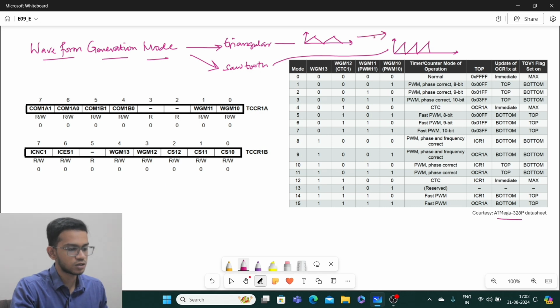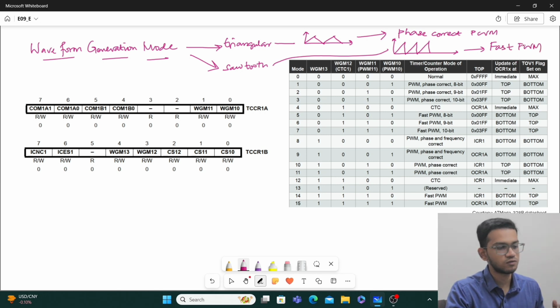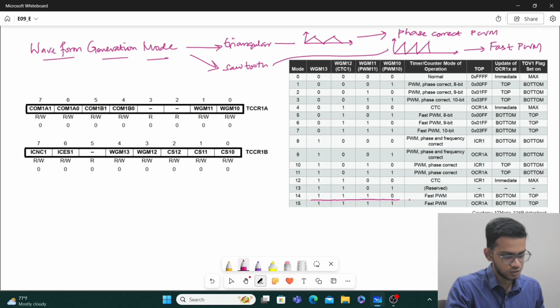Now this, in Arduino terminology, is called phase correct PWM. This, in Arduino terminology, is called fast PWM. So this is just a terminology, whether you want to produce a sawtooth wave or a triangular wave. Now we want a sawtooth wave, so we are going to choose this particular configuration, which is the last configuration.